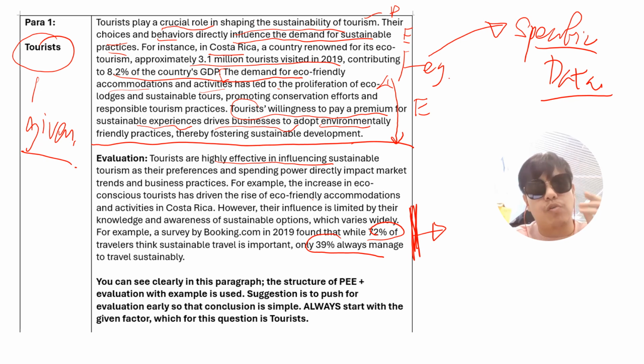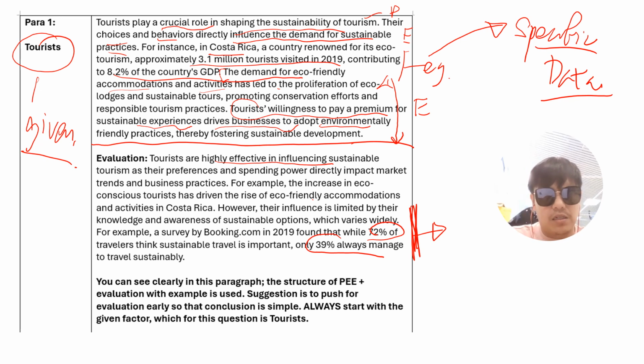This is where you throw in that evaluation. What are you trying to evaluate? In my first paragraph, the example I gave in Costa Rica was on how tourists can play an important role in shaping the sustainability of tourism. I go against my point, the idea that they can, because actually only 39% always manage to.